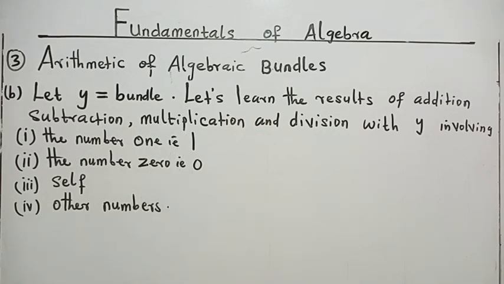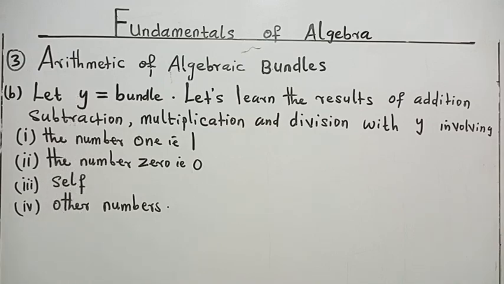if I multiply this 1 by this y, and if I divide this y by 1. Later, we'll learn results of what happens if I add 0 to y, subtract 0 from y, multiply 0 by y, and divide y by 0, and divide 0 by y. Later, we'll learn what happens when y is added to itself, when y subtracts from itself, when y multiplies itself, and when y divides itself.